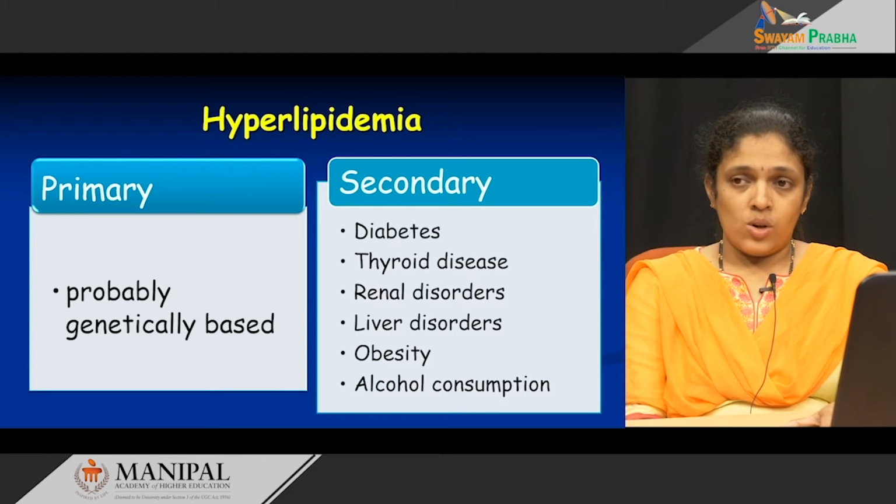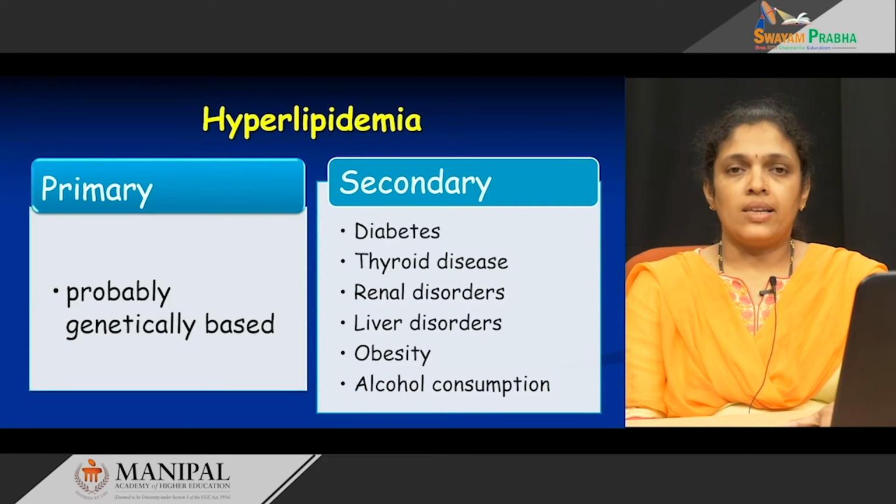These conditions lead to excess levels of lipids in the blood. So these are the two categories: primary and secondary. In primary you do not know the cause, while secondary is due to another disorder which is the primary reason.